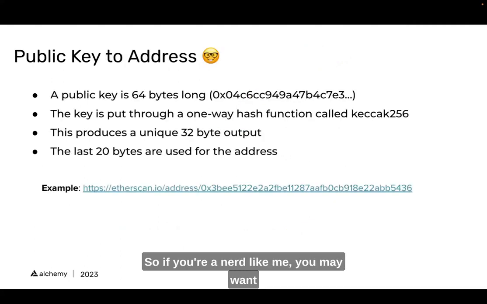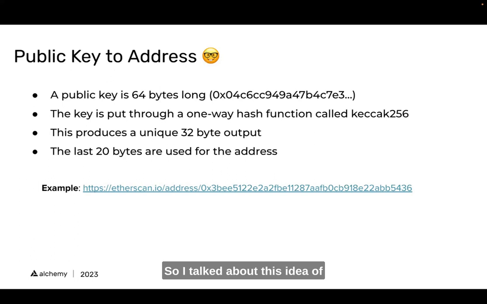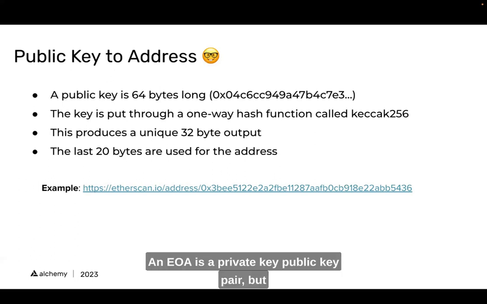So if you're a nerd like me, you may want to know how the public key relates to an address. So I talked about this idea of a private key, public key pair. An EOA is a private key, public key pair, but we really care about in Web3 our address. You could think of the public key as an address, but there is a short algorithm to go from a public key to an address that all blockchain nodes do in order to derive your address.